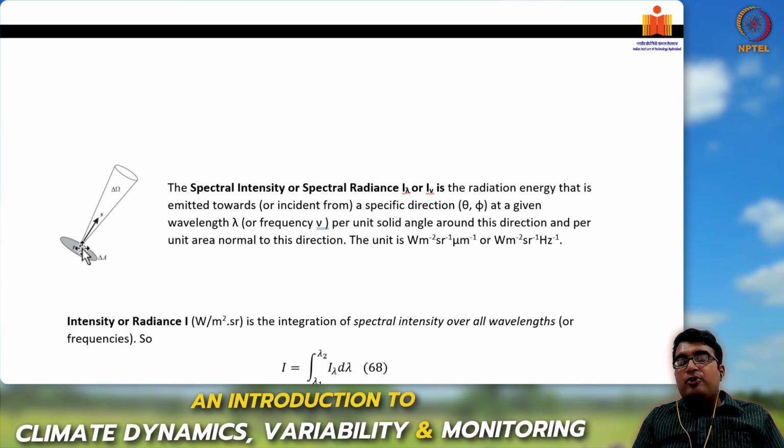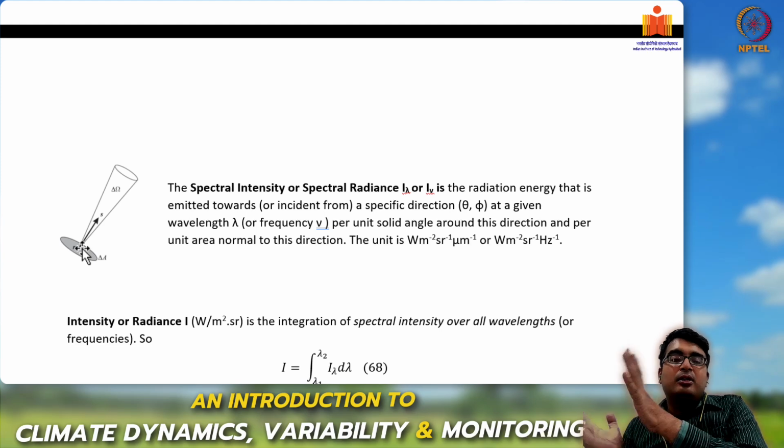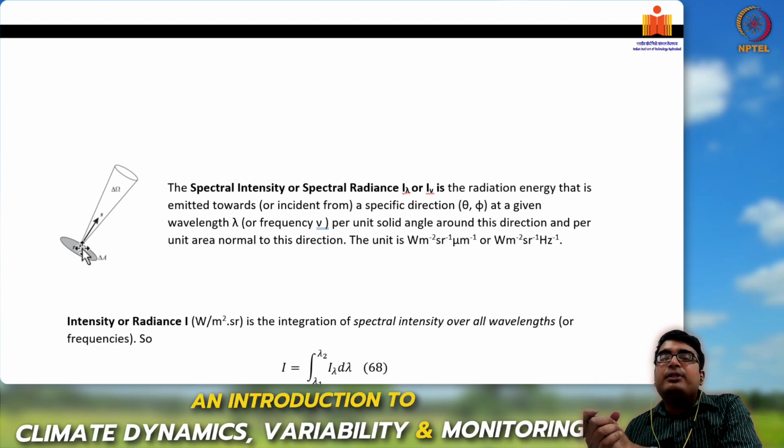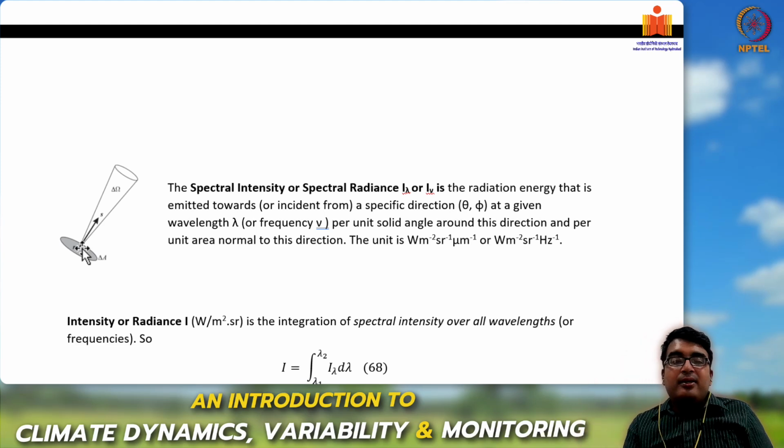Suppose we want to know the radiation energy being emitted towards a certain theta phi direction per unit solid angle around this direction, and per unit area normal to this direction. So per unit solid angle per unit area.